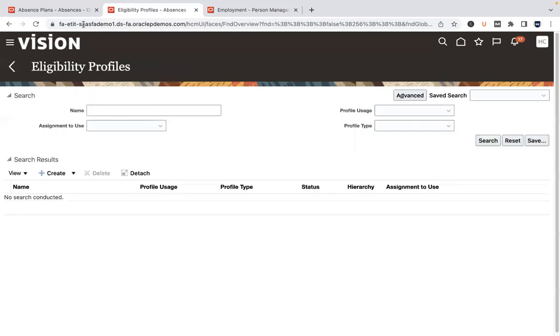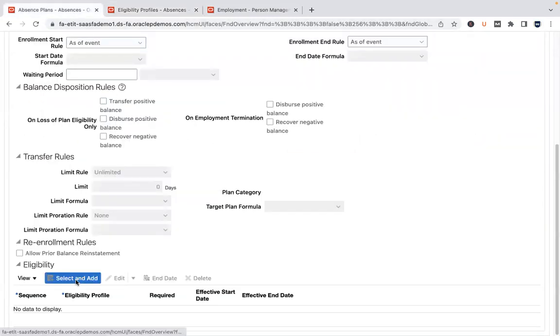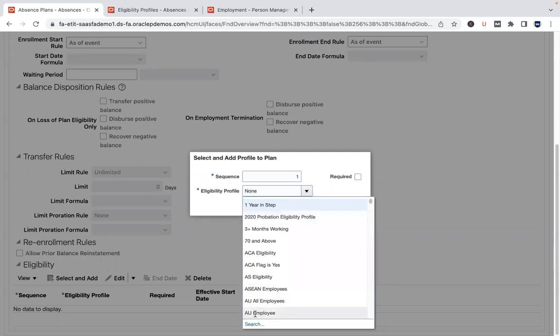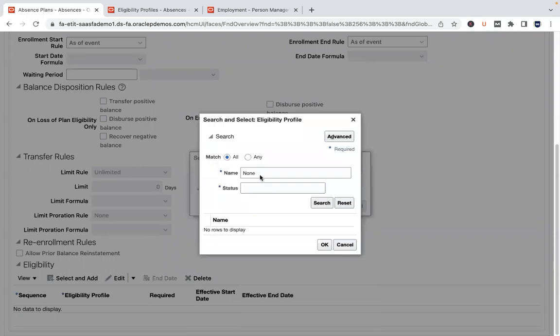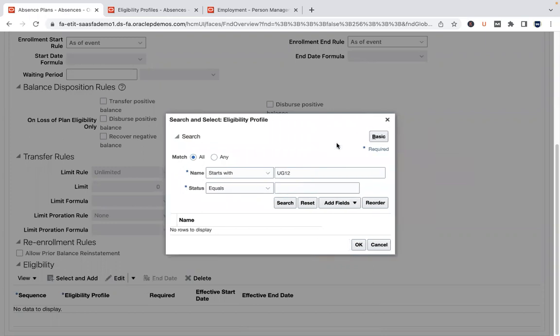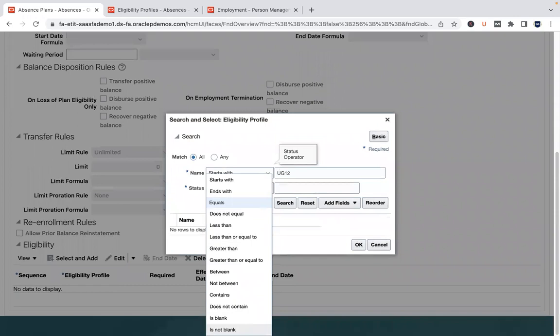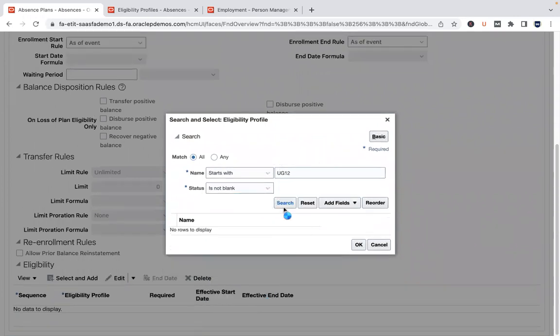Save and close. Now I'm going to attach that eligibility profile here. I don't know the status of it, so when you don't know the status, you go into advanced and you say is not blank.